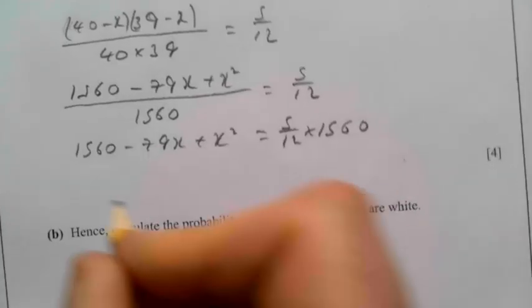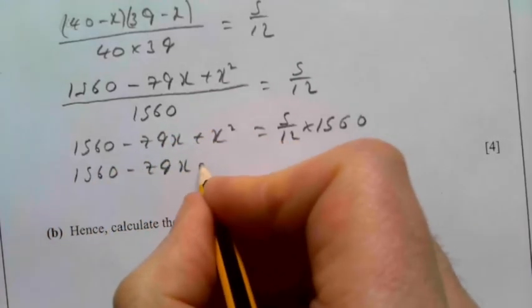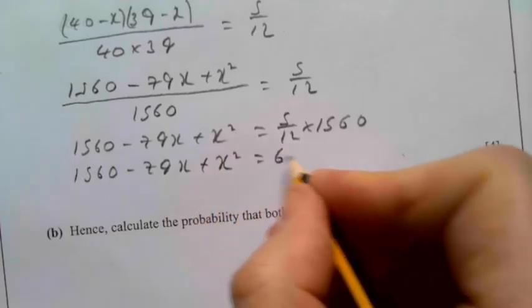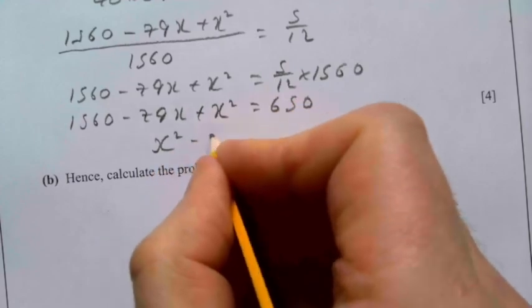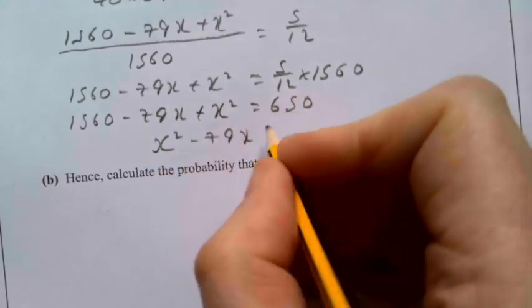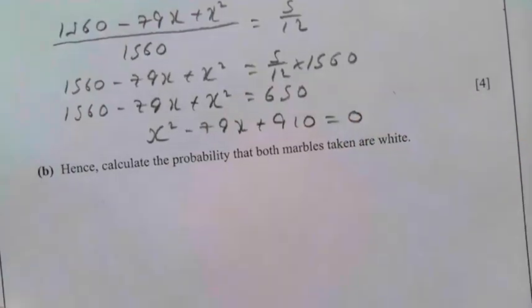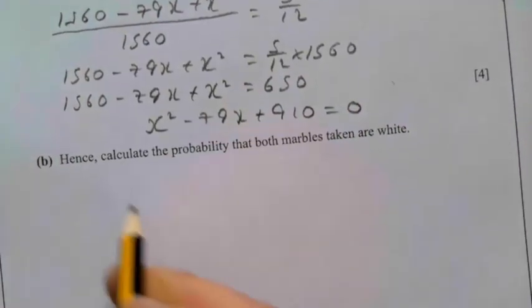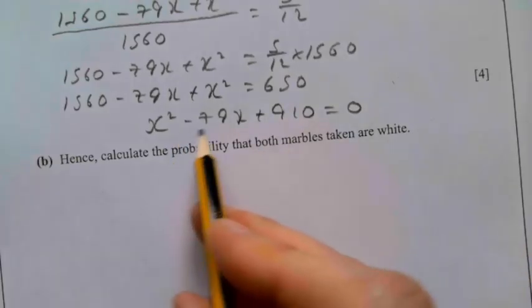So it gives me 650. See, 1560 minus 79x plus x squared equals 650. And if I rearrange, I will get x squared minus 79x plus 910 equals 0. Hence, calculate the probability that both marbles taken are white, so we need to work out our x.